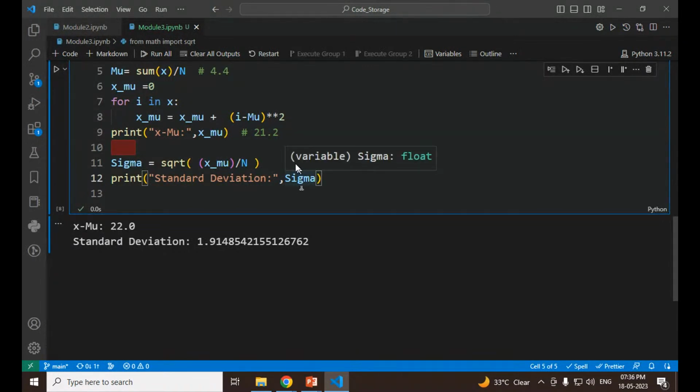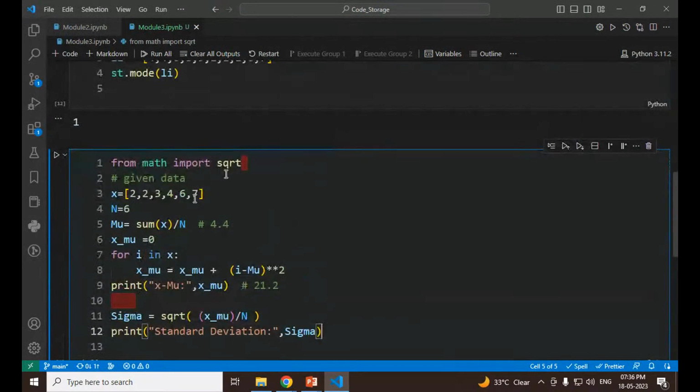Now we spoke about two things: low SD value and high SD value. Let us observe that 1.9148 with the changing values. We copy paste the same values two times, and let's see what is the difference. I'm doubling the range.